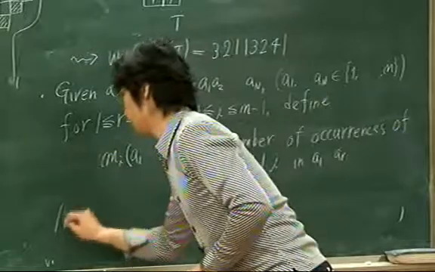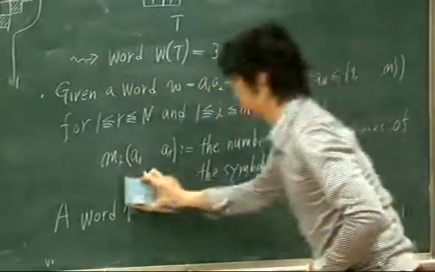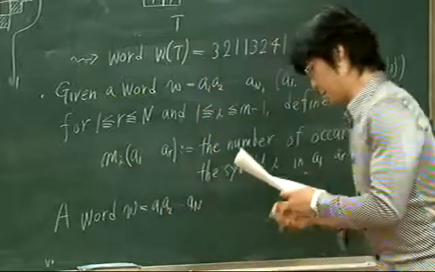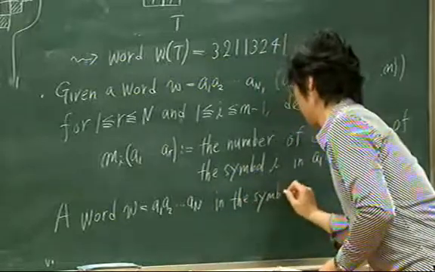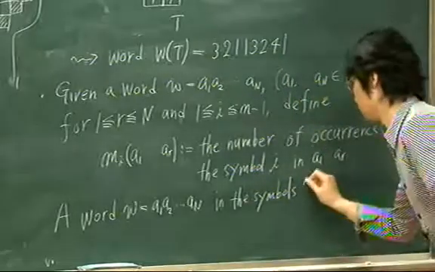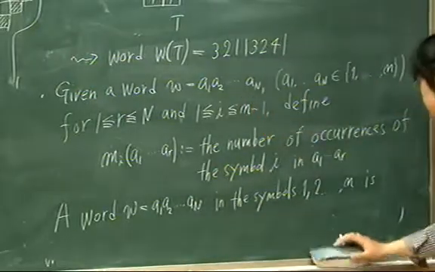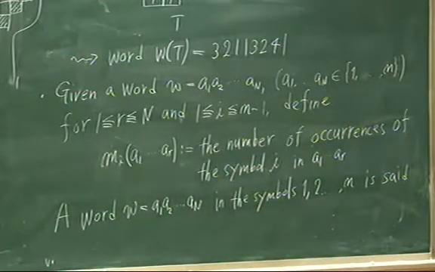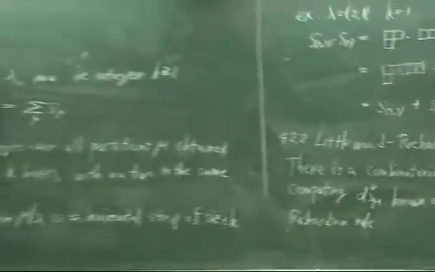Our word w = a_1 a_2 ... a_N in the symbols 1, 2, ..., N is said to be a lattice permutation if, for each r, the following condition is satisfied.